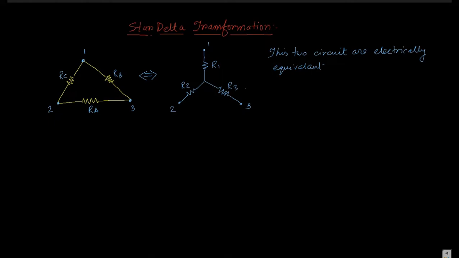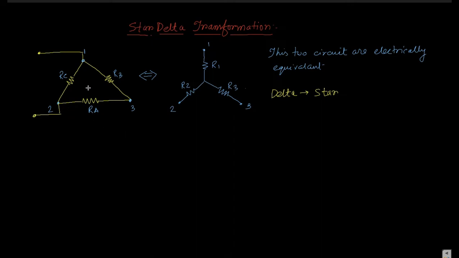Okay, now come to the point, first delta to star. A delta circuit is given, and we have to convert it into the star circuit. Consider a connection made across terminals 1 and 2. What is the equivalent resistance of this circuit?